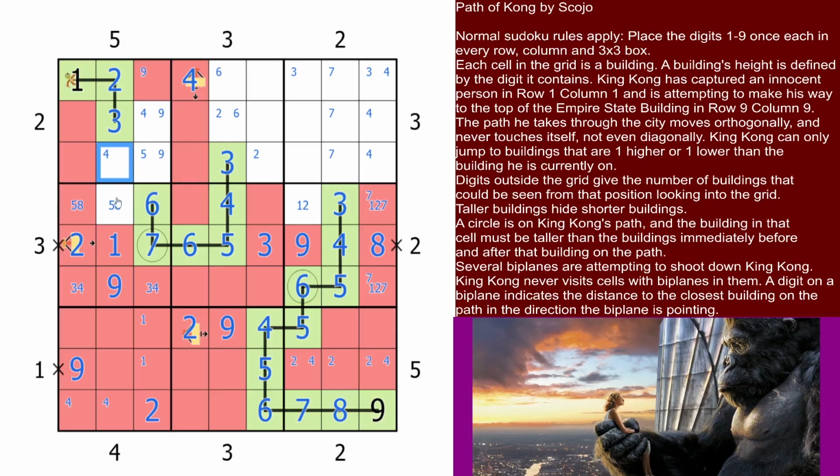Maybe let's start from here, right? Because 1, 2, 3, 4. This has to be like the thermostat bulb, right? So now this 1, 2, 3. This could be 4, 5. Cannot be 6, 7, 8, 9. 5, 6, 7, or 6, 7, 8, right? And that can't be 5 because of this, right?